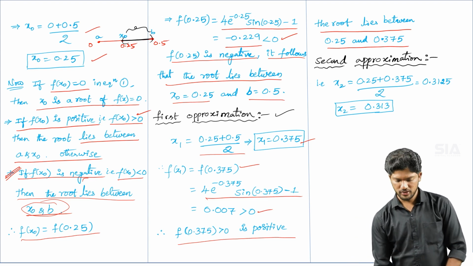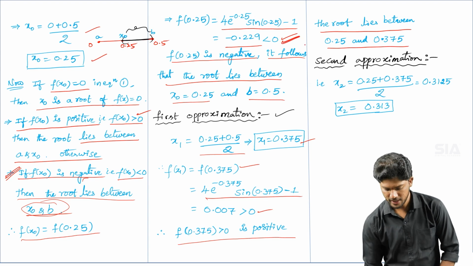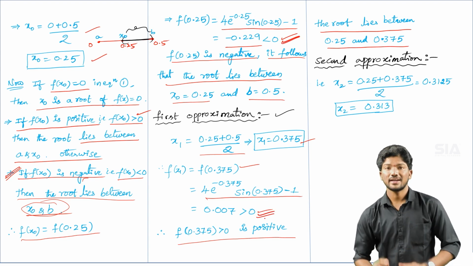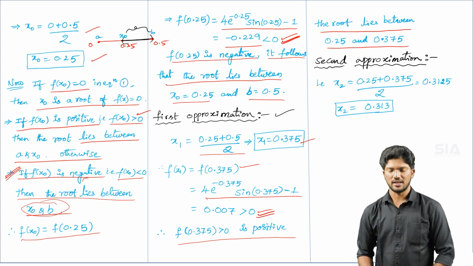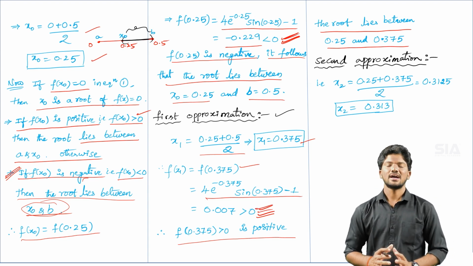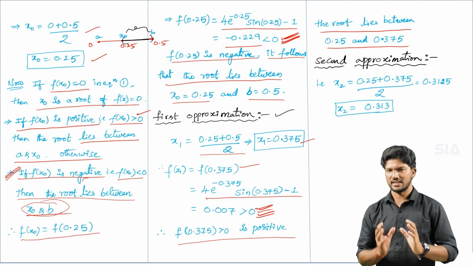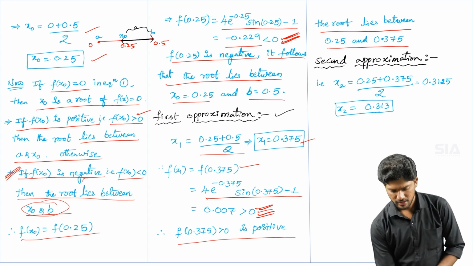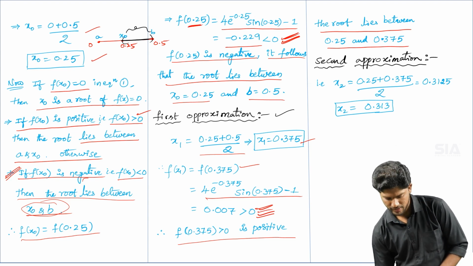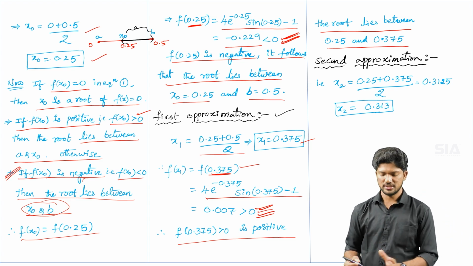Because in the previous step, f of 0.25 is less than 0, and here we got greater than 0. These two values are consecutive values with opposite signs, less than 0 and greater than 0. For f of 0.25 and 0.375, the required root exists in between them.